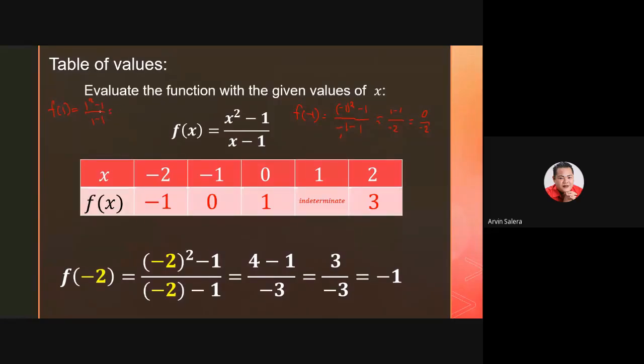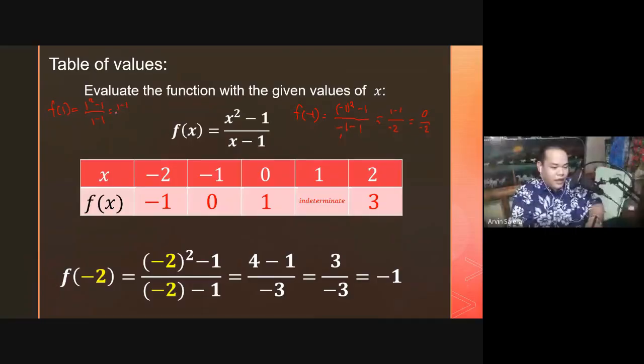Indeterminate is 0 divided by 0. 1 minus 1 over 1 minus 1. 0 divided by 0. Some would say that 0 divided by 0 is 0. The answer is indeterminate. What is the meaning of indeterminate?